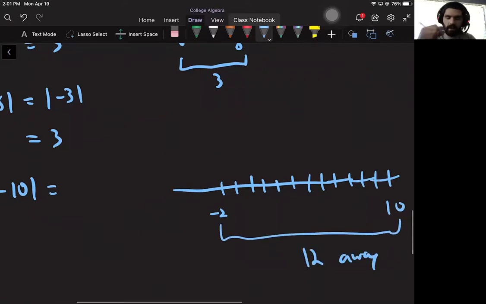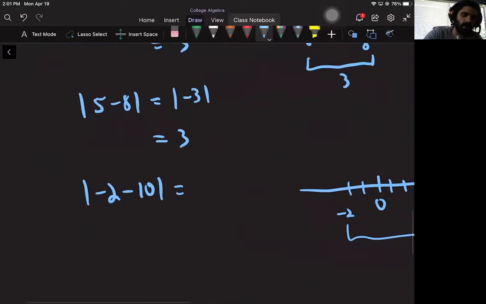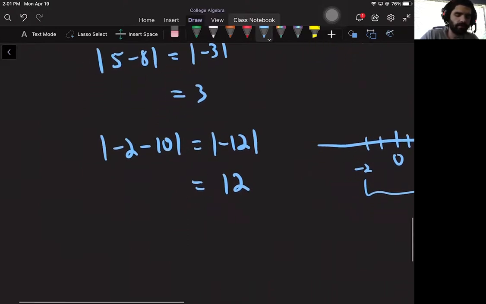So the distance between -2 and 10 is 12. So is that what this does for us? I believe it does, because -2 minus 10 is -12. And the absolute value of -12 is 12, because -12 is 12 away from 0. Is the long way to say that.